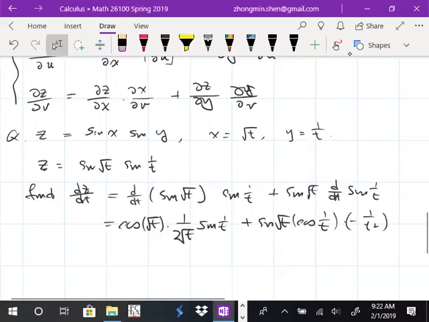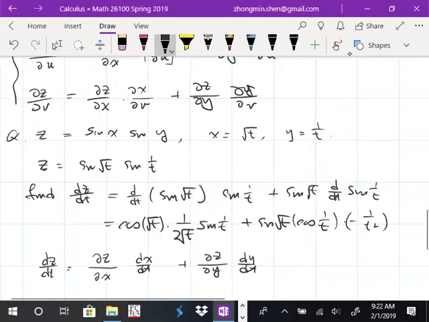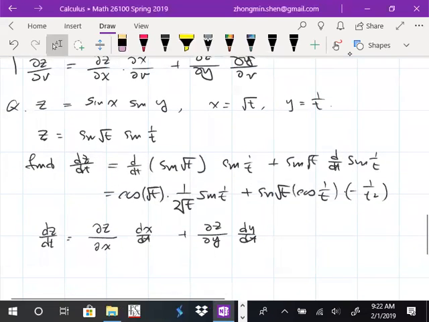We can also use the chain rule to differentiate. You have to find the derivative of z with respect to x and dx/dt. You will get the same result. So the partial derivative of z with respect to x: look at z, cosine x sine y.